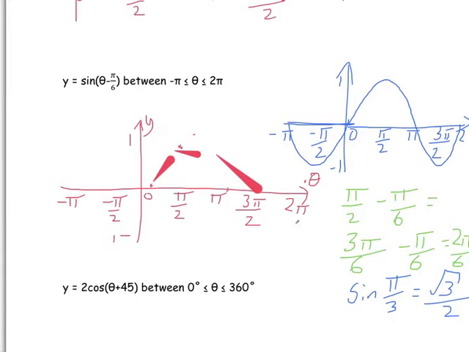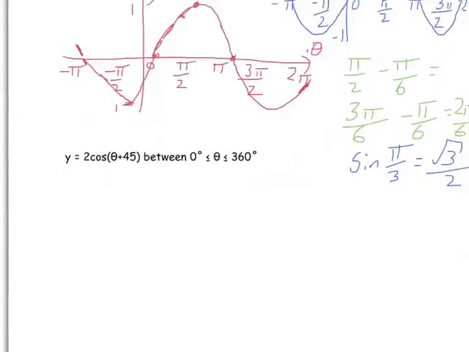And it's not going to hit 0 when it gets to 2 pi, it's still going to be below it. Likewise on the other side, minus 1 is now not going to be at minus pi over 2, it's going to be at minus pi over 3, and it's going to cut through 0, not at minus pi, it's going to cut through it just before minus pi and continue up a little bit. So that's a difficult one, so you might want to just try a few values into the equation before trying to sketch it.